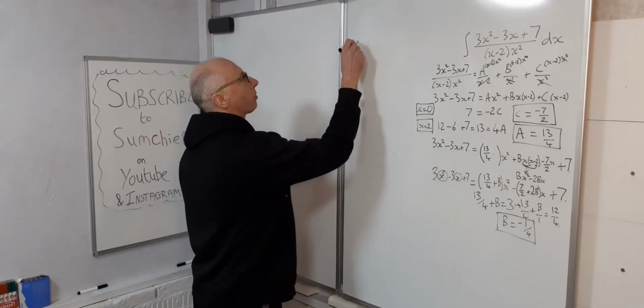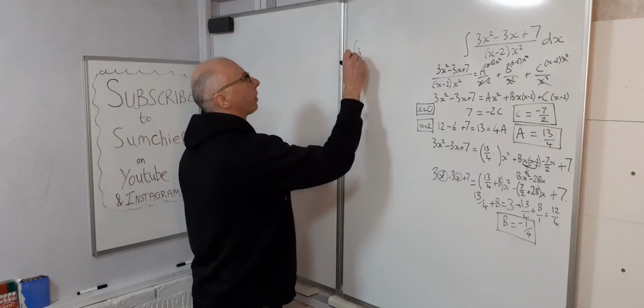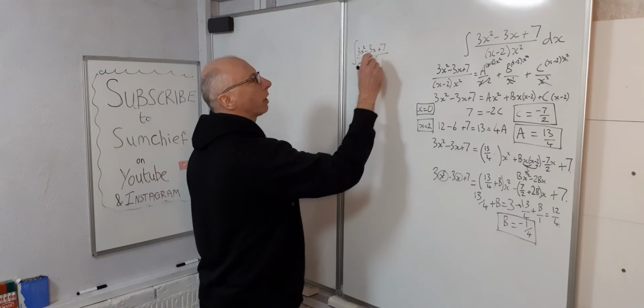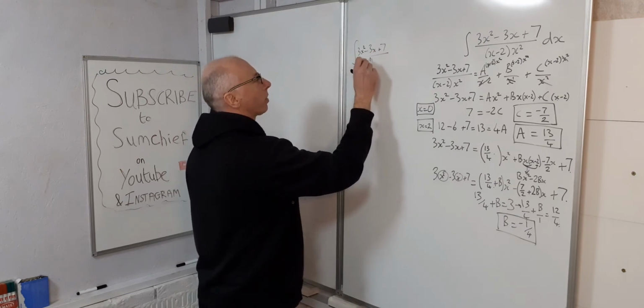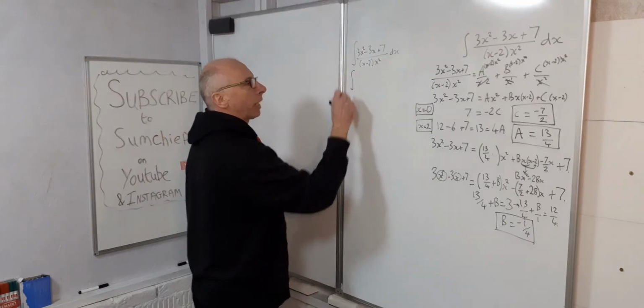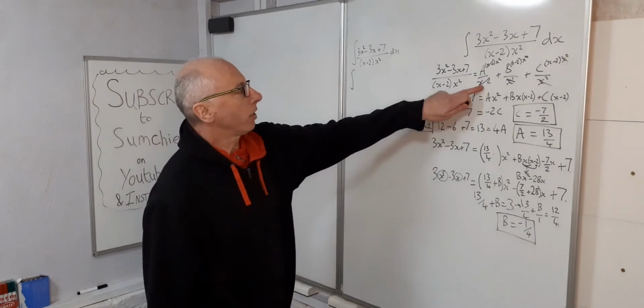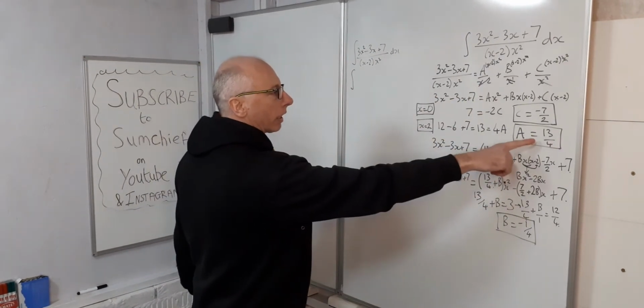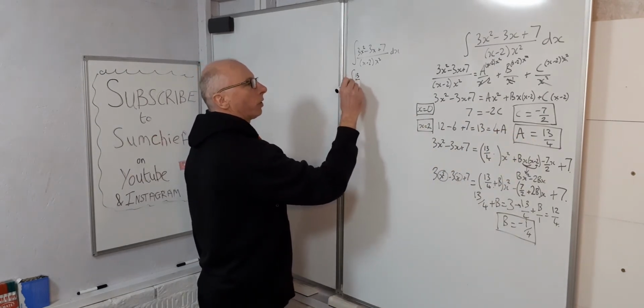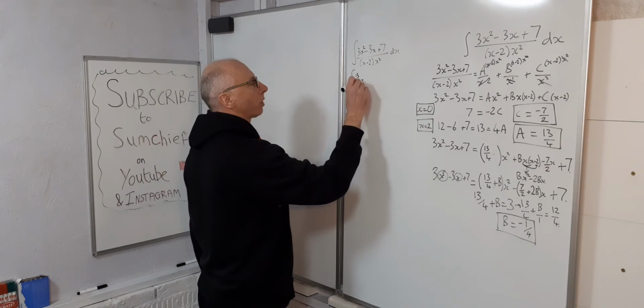So if I just write the integral of 3x squared minus 3x plus 7 over x minus 2 x squared dx. This is the same as a over x minus 2. A is 13 over 4. So it's 13 over 4 over x minus 2 dx.